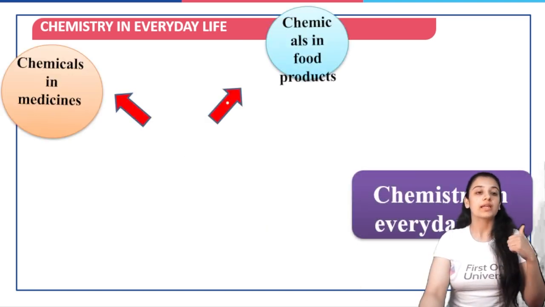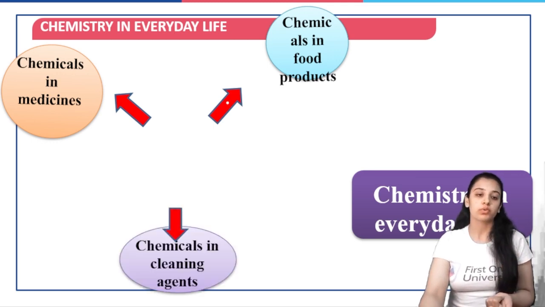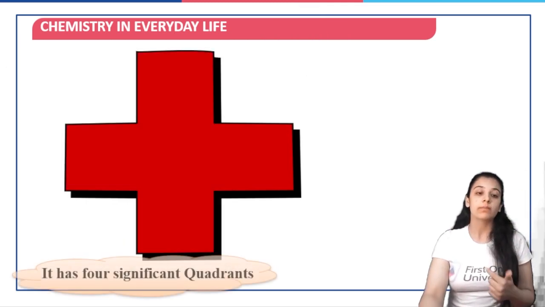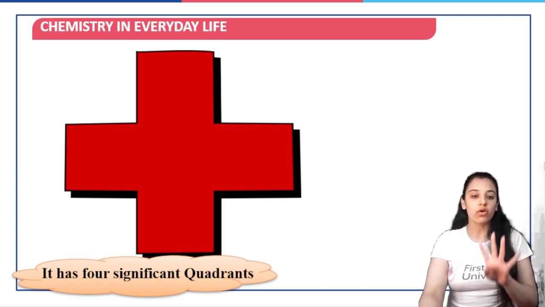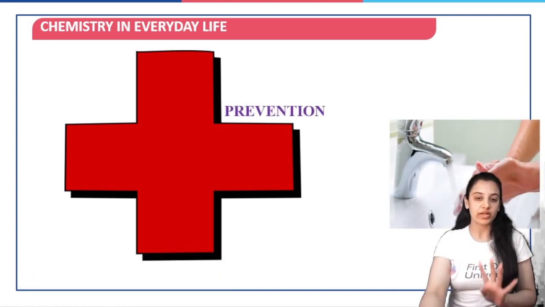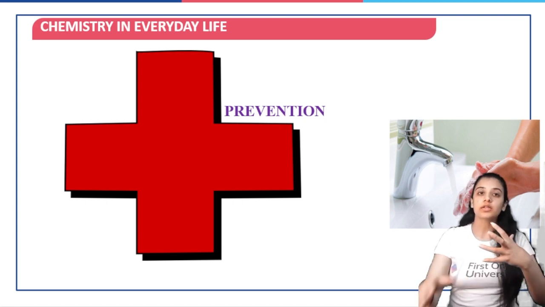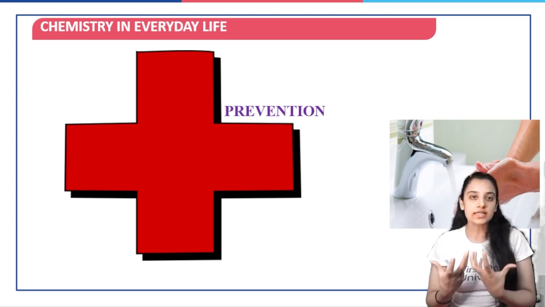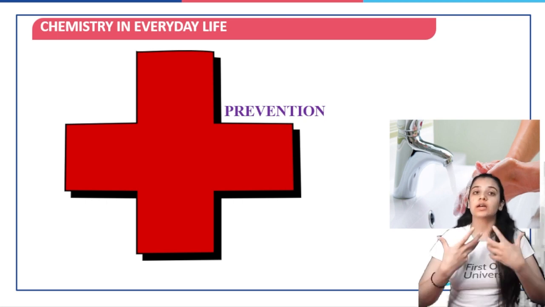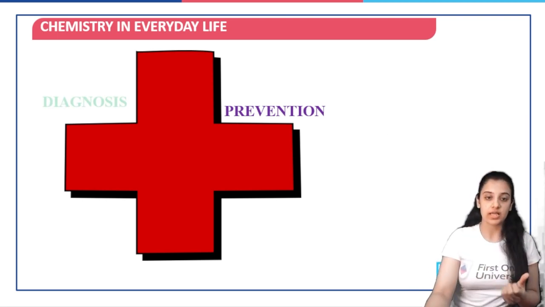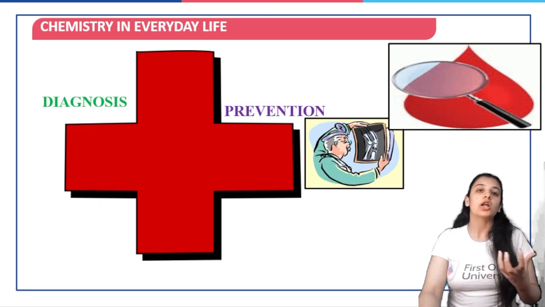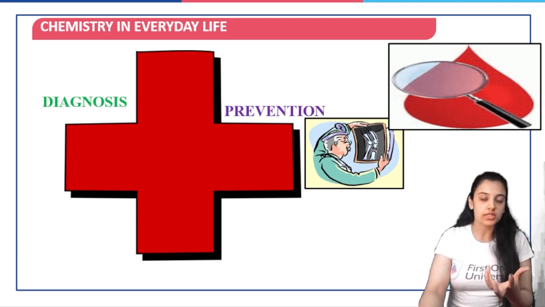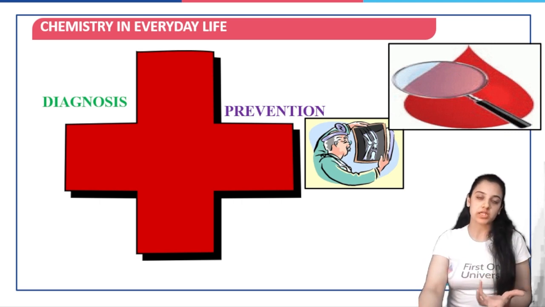So we are going to talk about chemicals in medicines, chemicals in food products, and chemicals in cleaning agents. It's going to have four significant quadrants: prevention, because it's important that before any disease occurs, we have taken preventive measures. Then diagnosis. Just by chance, we did not take sufficient precautions, since prevention is better than cure.